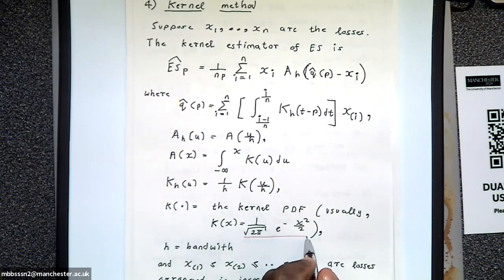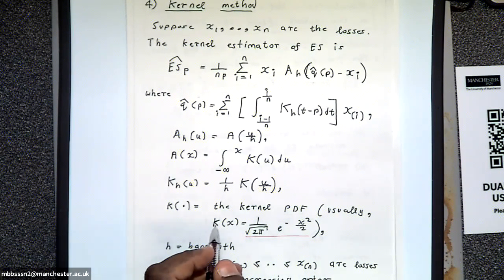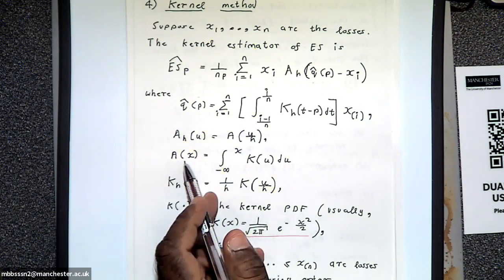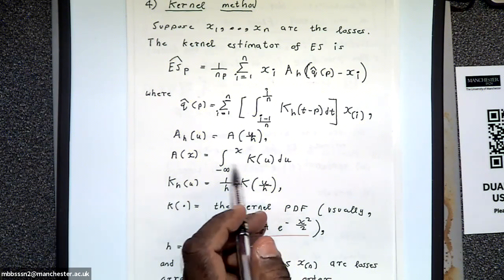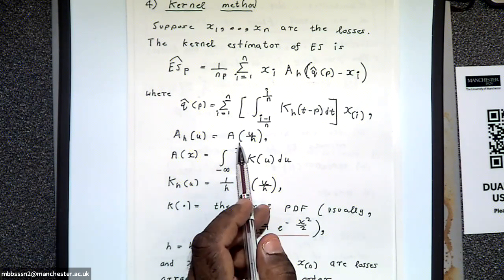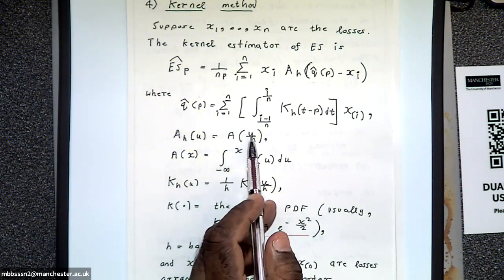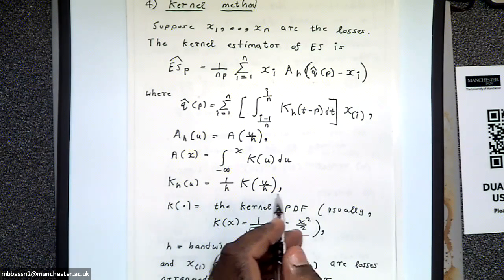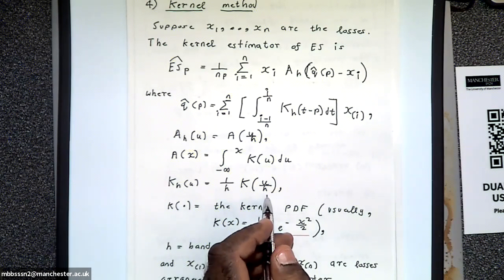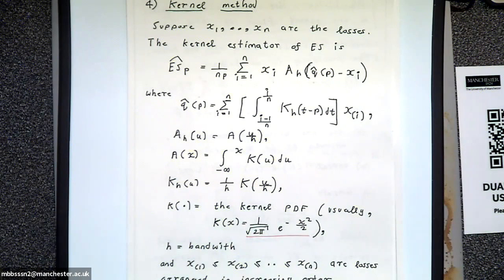So K is usually taken to be the standard normal PDF. And A is just the integral of K, of the kernel PDF. And A_h is defined as A at u divided by h, where h is the bandwidth. And K_h is defined in this way, where again, h is the bandwidth.